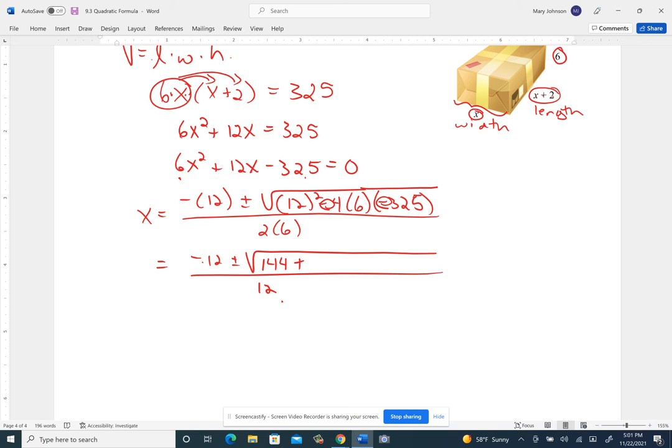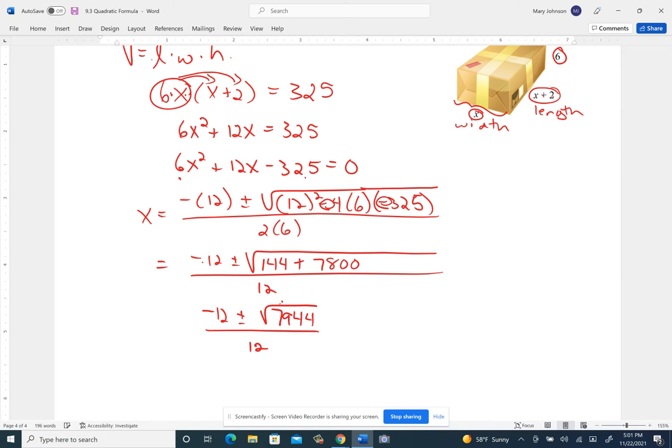Okay. So now I need to just multiply the 4, the 6, and the 325. 4 times 6 times 325, and I wind up with 7,800 for that part. And then when I add 144, I get 7944.